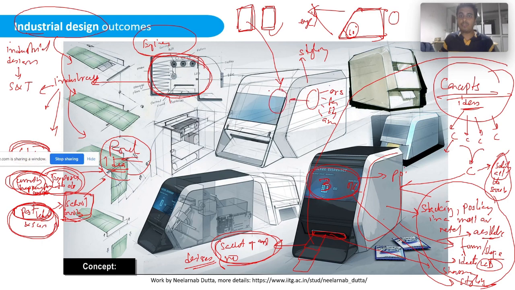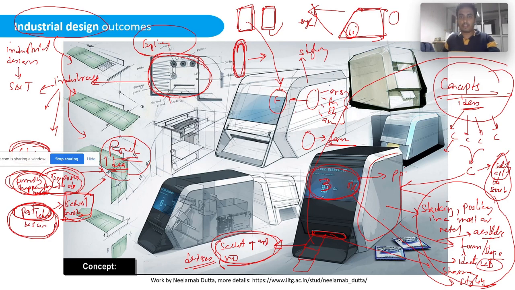And then you go to your functional. I did not tell you that you should have all of these. There can be a product which only needs to work on the form. You do not take care of ergonomics. For example, imagine the safety pin. Probably you just think about how to fold it into this particular form, so you come up with this form as a concept. In terms of engineering design, there is not much.